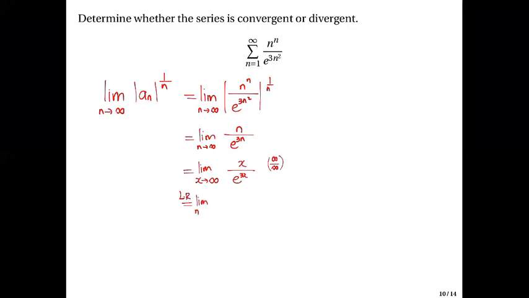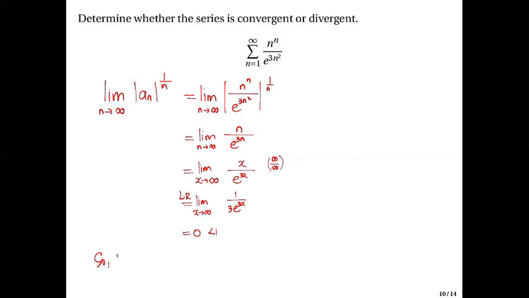And now we have the limit as x approaches plus infinity. In the numerator, we just have 1. While on the denominator, we have 3e to the 3x. And this goes to 0. Or the limit is equal to 0. And this is less than 1.